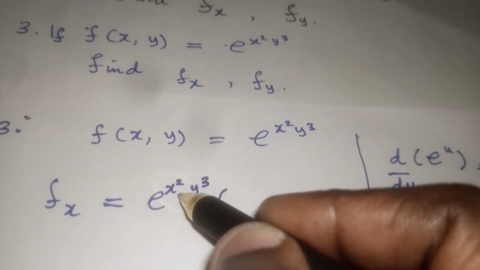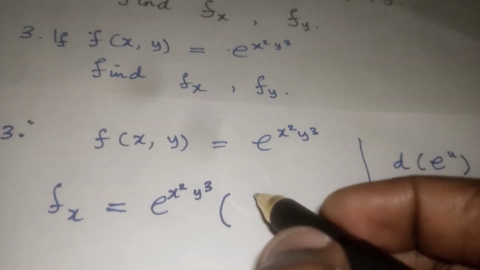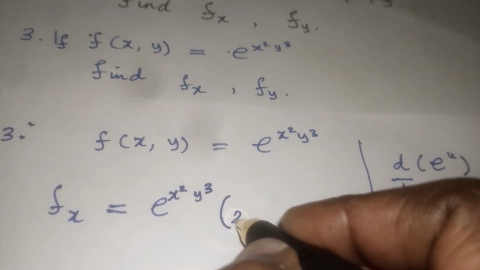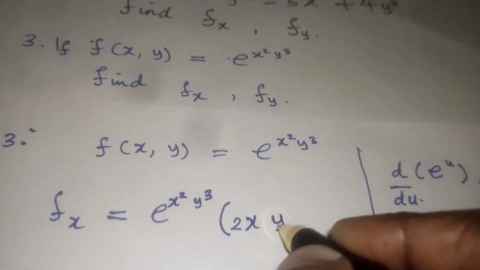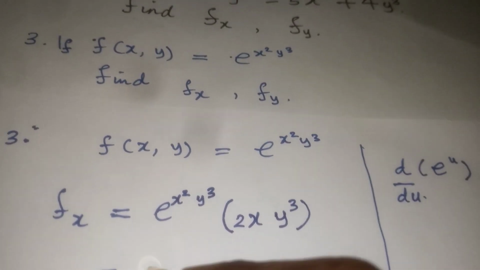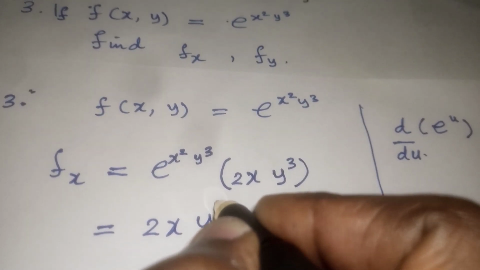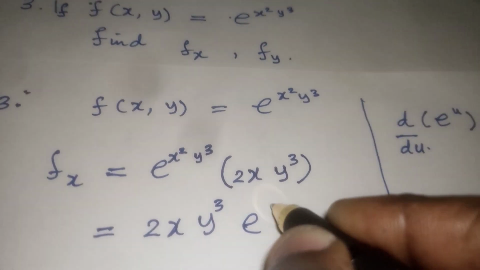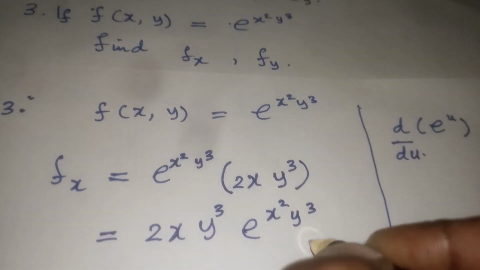But here we differentiate only x, y is constant. If we differentiate x squared, we get 2x, but y is constant. Therefore, if we simplify, we get 2x y power 3 e power x squared y power 3.